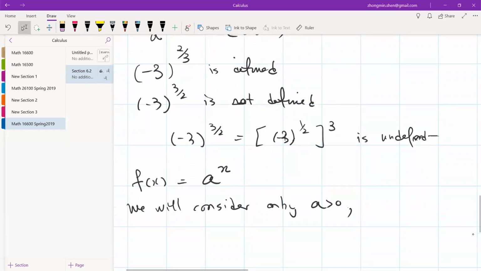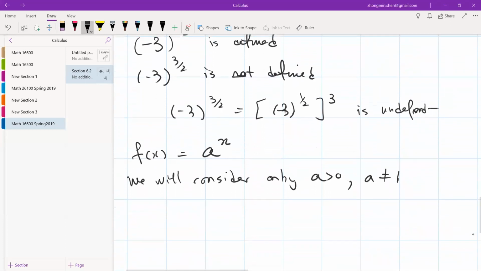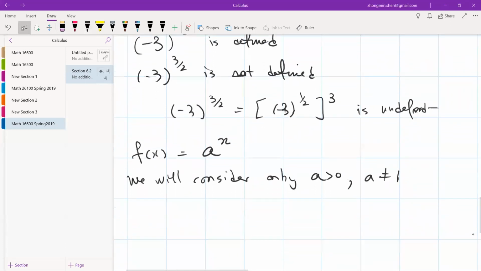And actually we want a not to be 1, because otherwise it's trivial: 1 to any power x is 1. So this is an exponential function.